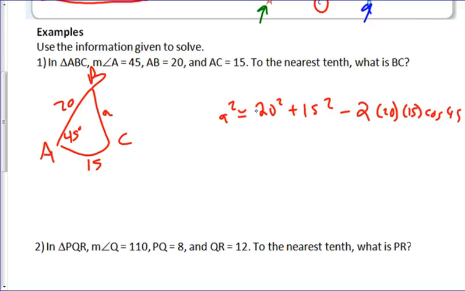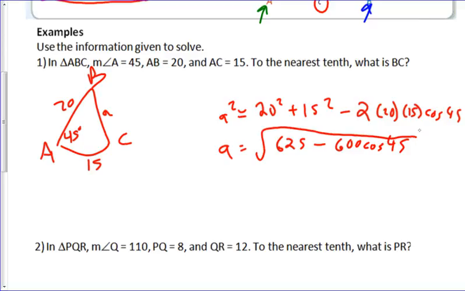This is 20 squared plus 15 squared, so that'd be 400 plus 15 squared, 225. So 400 plus 225, that's 625, minus 2 times 20 is 40. And 40 times 15, have your calculator handy when you're doing this, minus 600 cosine of 45. And A would be equal to the square root of all of that.